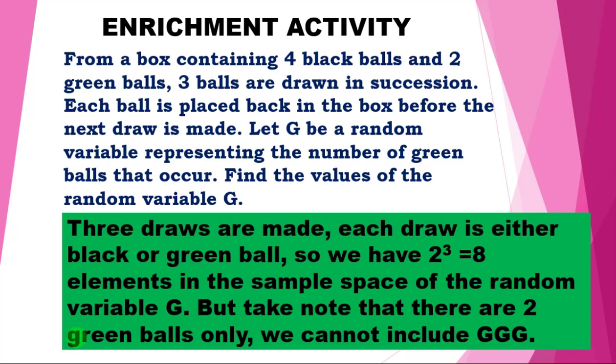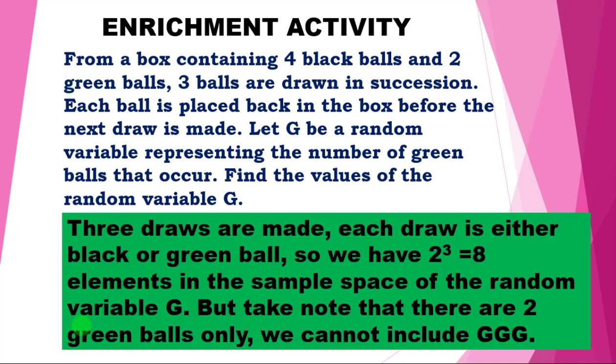There is no possible outcome in which you can draw 3 green balls from the box. So we have to abide by the condition of the problem. There are only 2 green balls given, so it's impossible for us to draw 3 green balls.